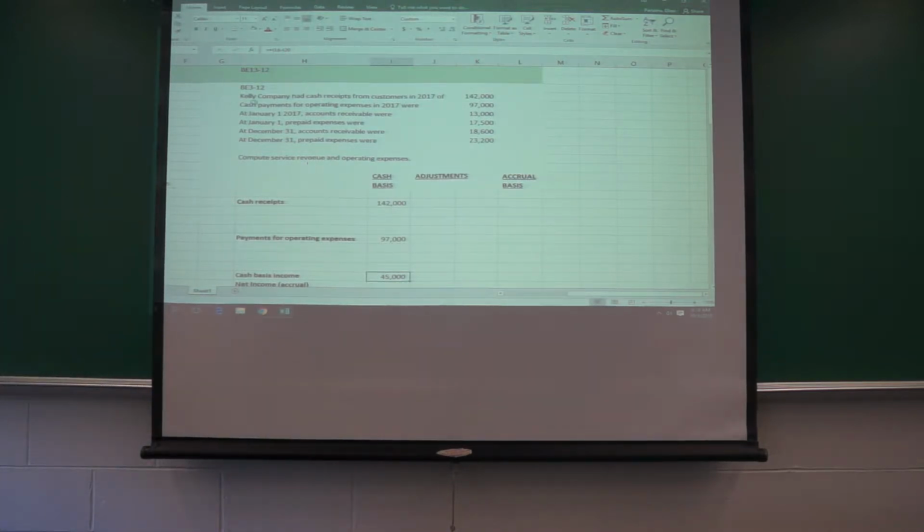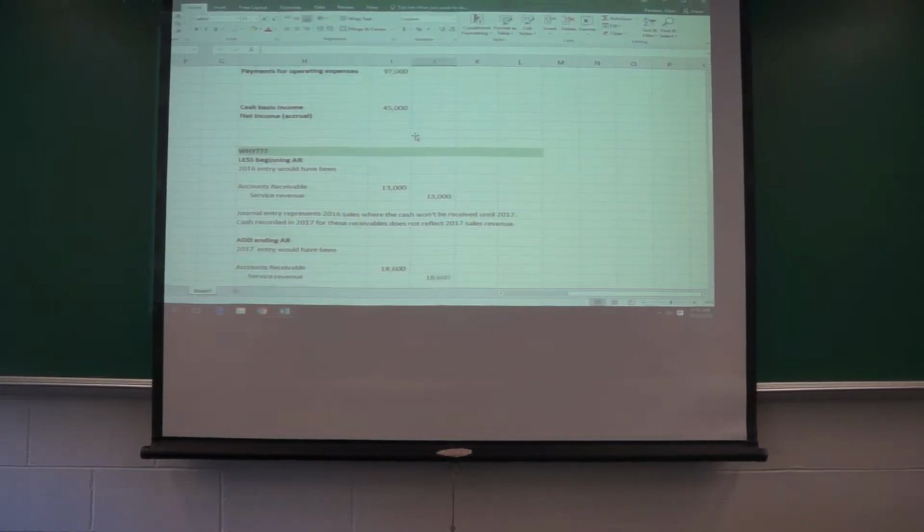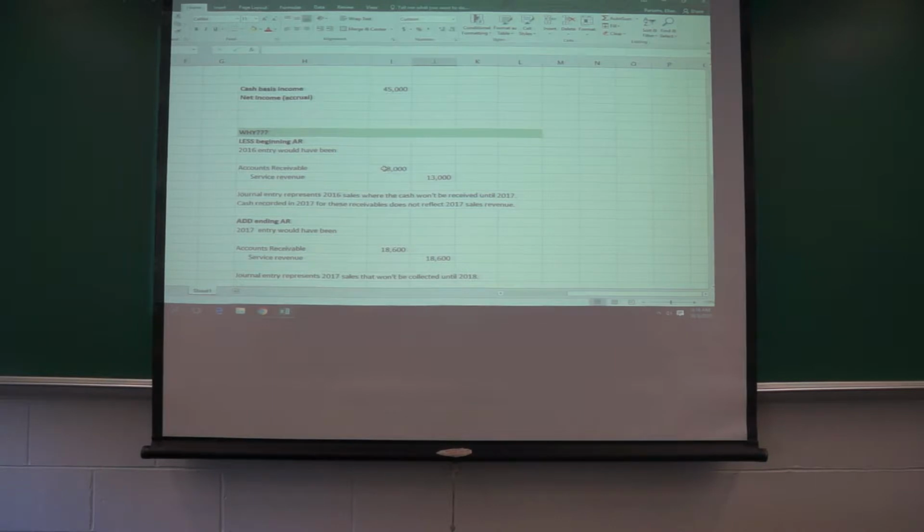Okay, so at January 1, let's start with this one here. At January 1, 2017, accounts receivable were $13,000. Okay. So let's see what must have happened then. In December, they would have made an entry, accounts receivable, $13,000, and service revenue.